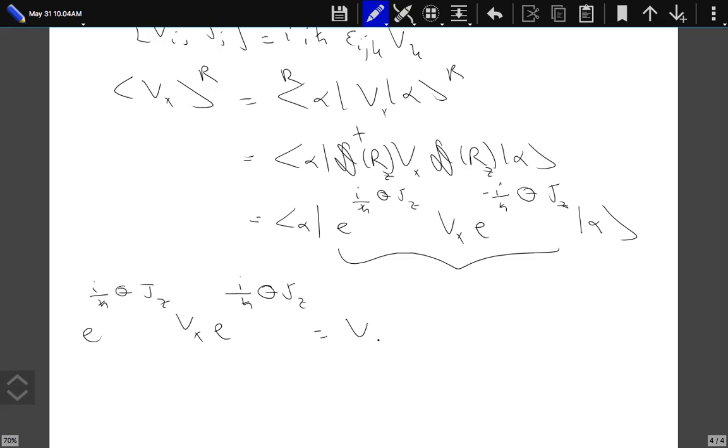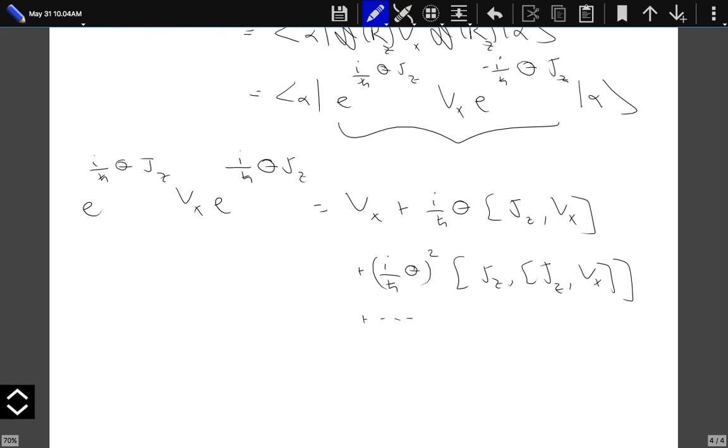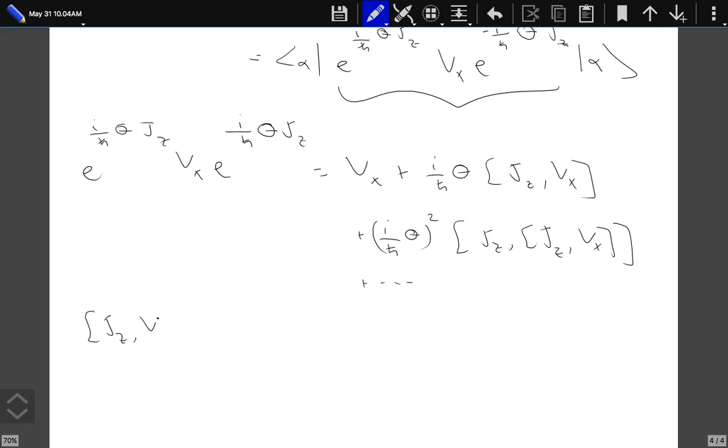This is equal to Vx plus i over h bar theta [Jz, Vx] plus (1/2!) (i over h bar theta) squared [Jz, [Jz, Vx]], etc. Well, you see the commutator [Jz, Vx] is equal to minus [Vx, Jz], which is minus i h bar epsilon xzk Vk.